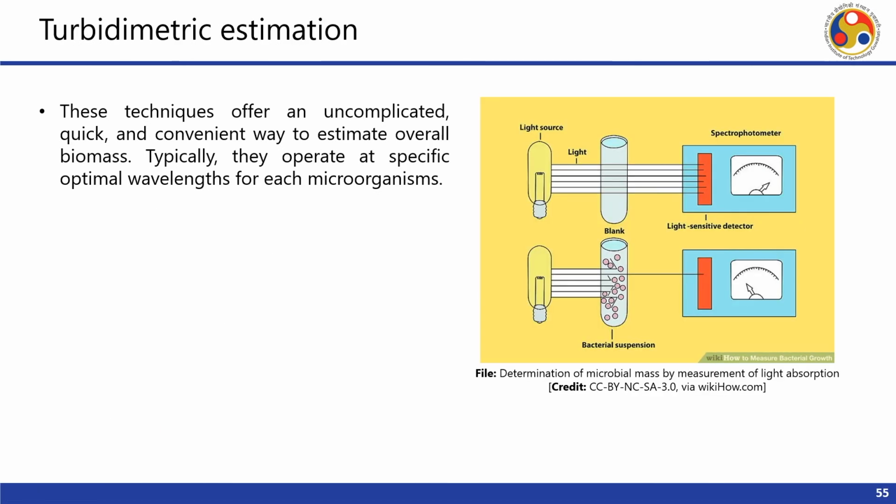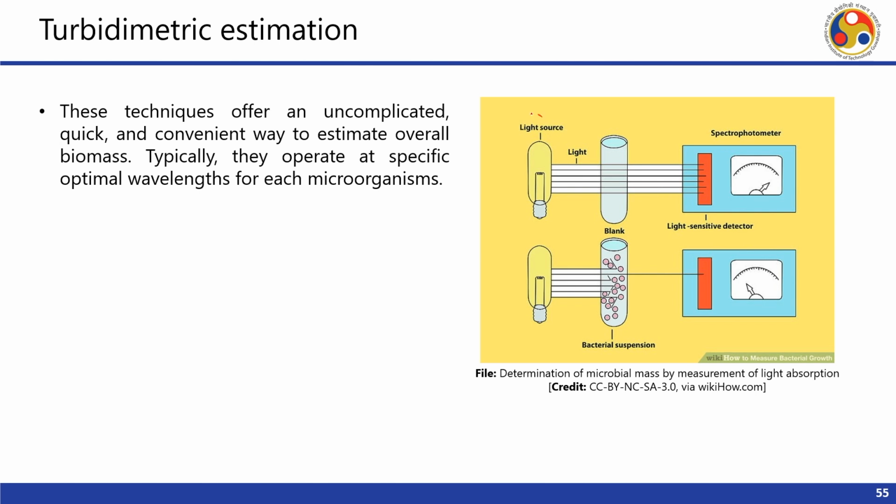Let us now discuss the turbidimetric estimation. These techniques offer an uncomplicated, quick and convenient way to estimate overall biomass. Typically, they operate at specific optimal wavelengths for each microorganism.